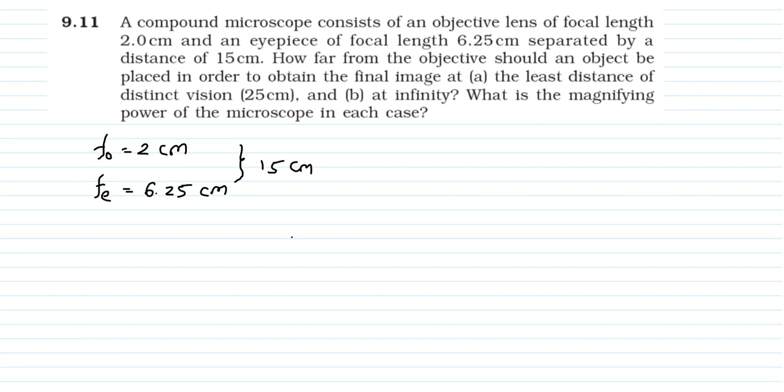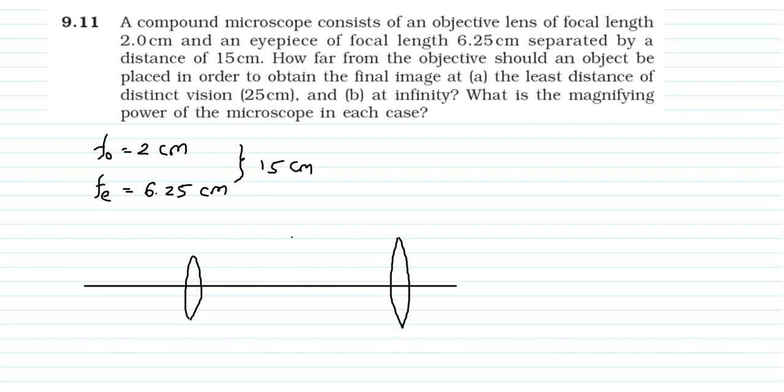So चलो friends, let us see. So पहले हम ड्रॉ कर रहे हैं डायग्राम. Okay, so here we can say it is objective lens and you can say it is an eyepiece.